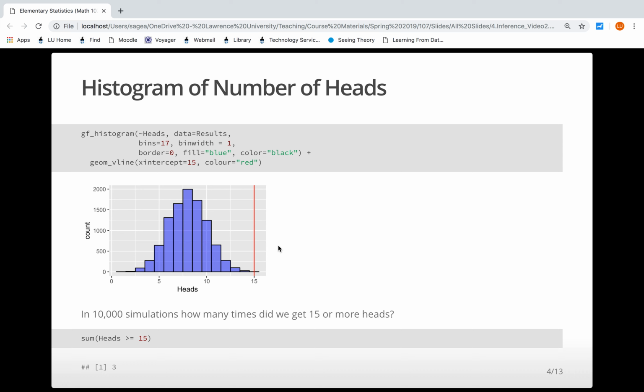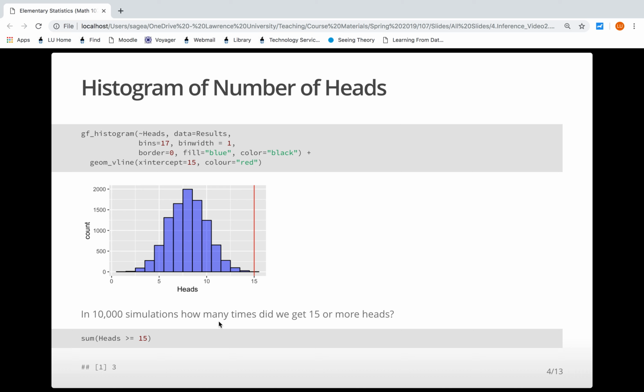The histogram shows the number of heads obtained in the 16 coin flips for each of the 10,000 simulations. We see that most often we get about 8 heads. Sometimes we get 7 or 6 or 9 or 10, but 15 is pretty rare. It's way out in the tail.